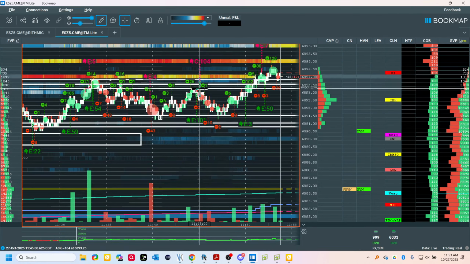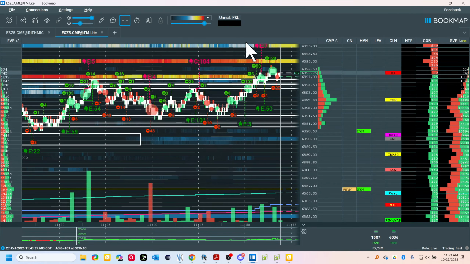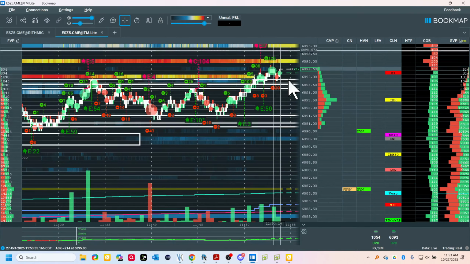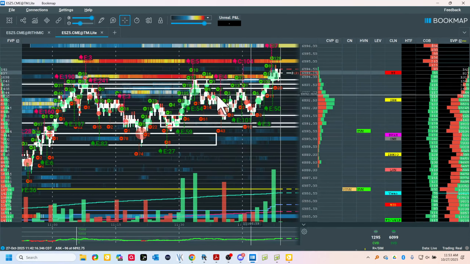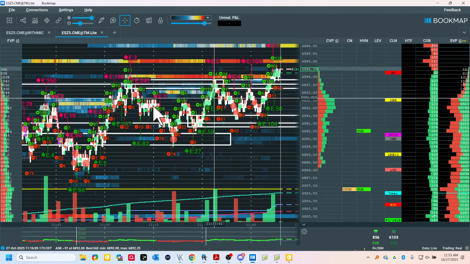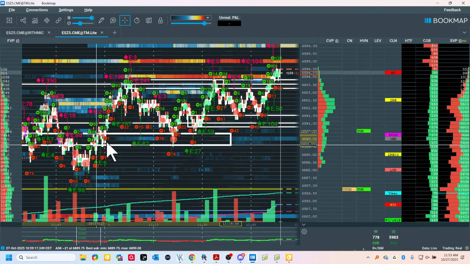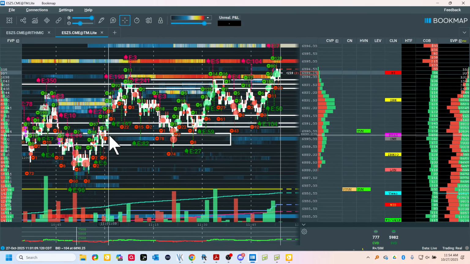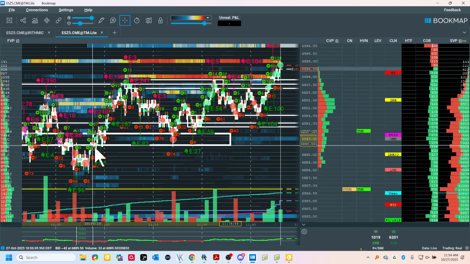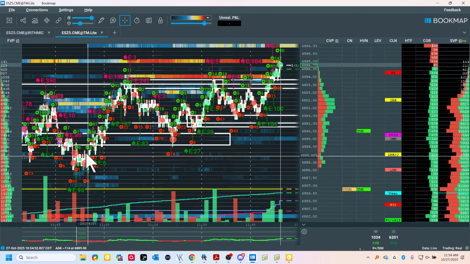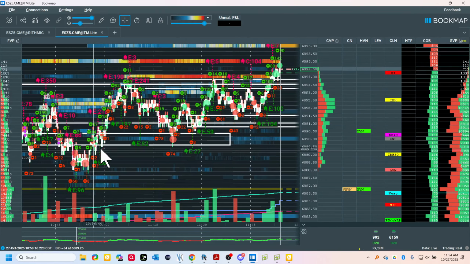See the resistance, support, break high. This now becomes support. Let's see what it does. This is a way you can slice and dice this up. You see it? So, break high, buyers. This is support here, right there.